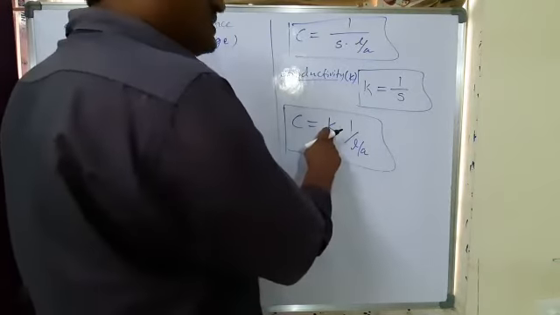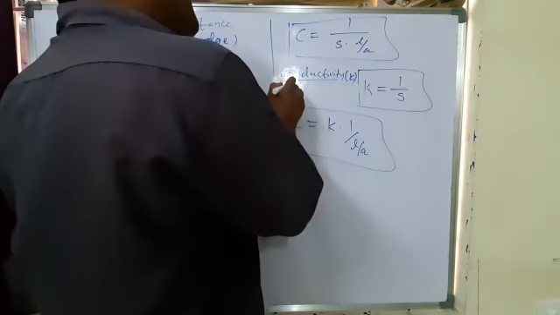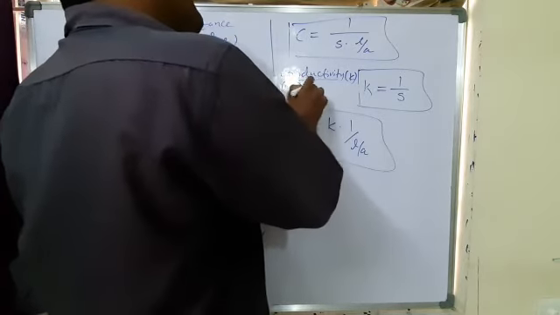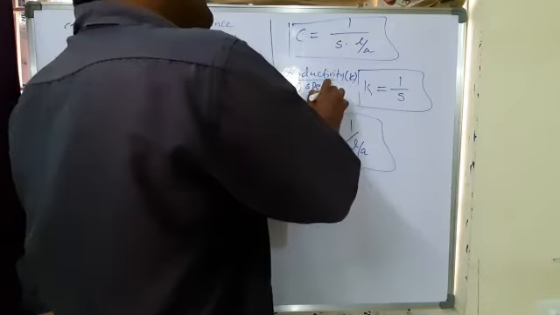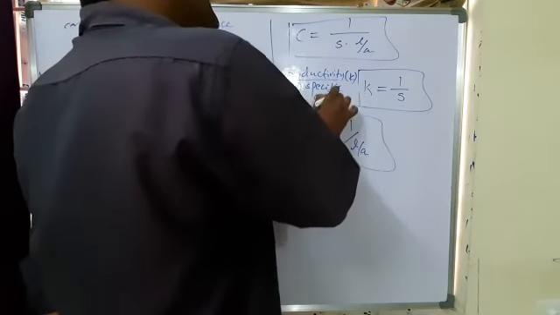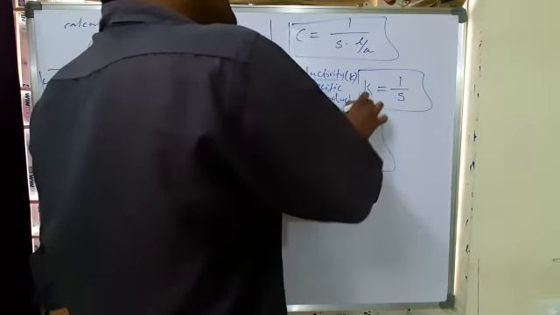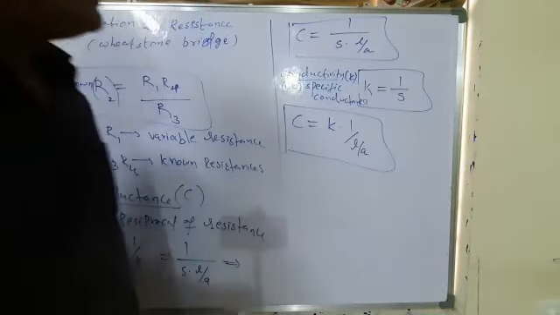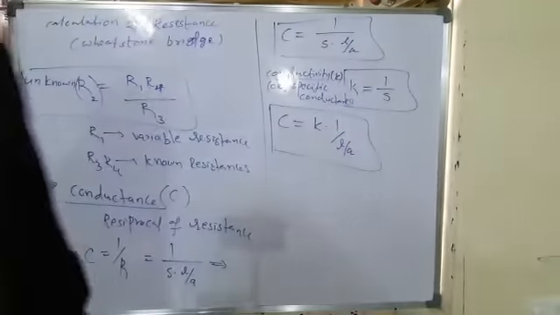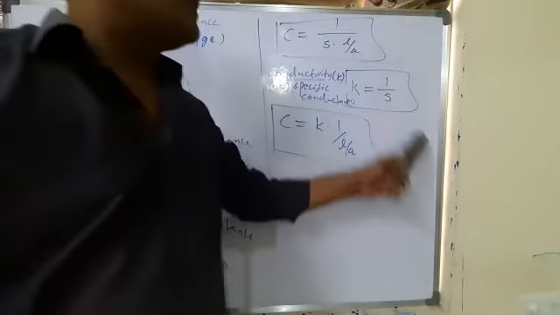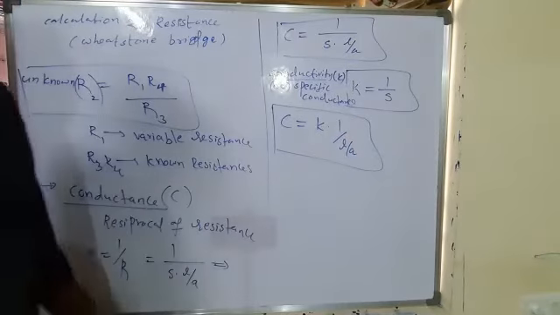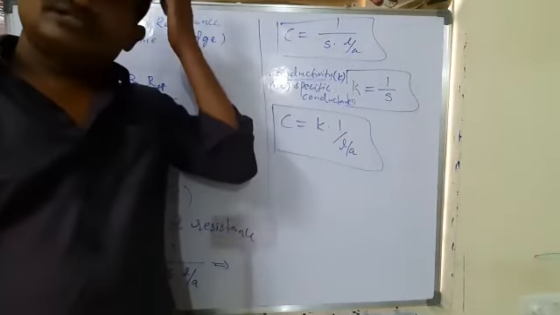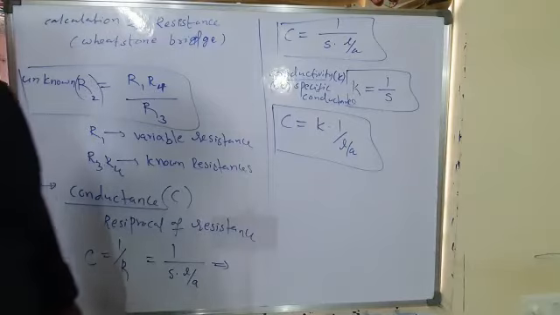K is called conductivity, also called specific conductance, and S is the specific resistivity.